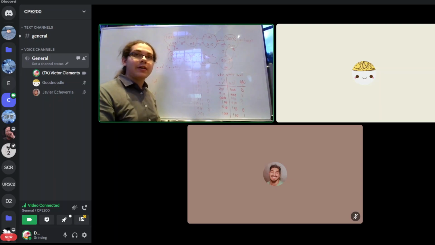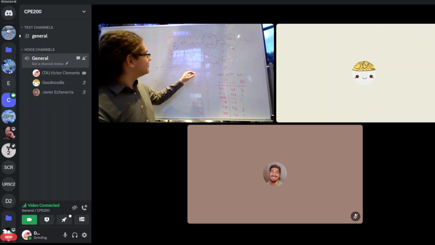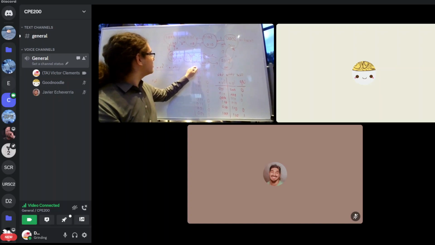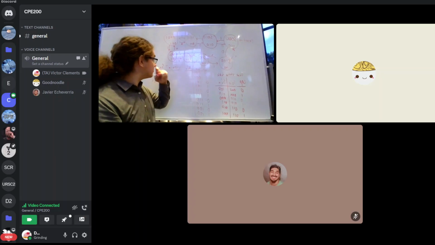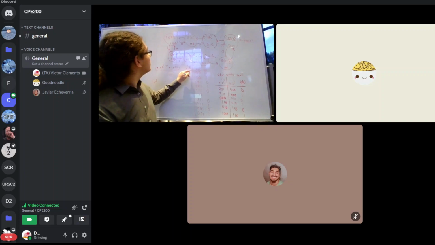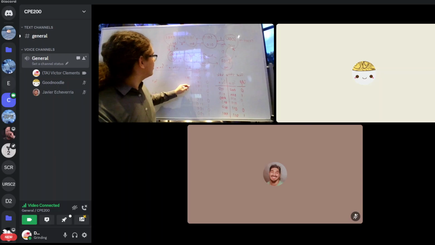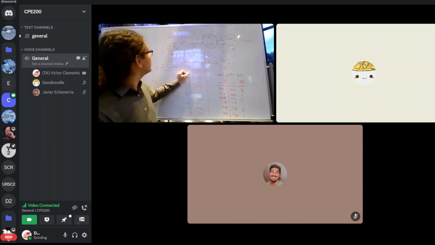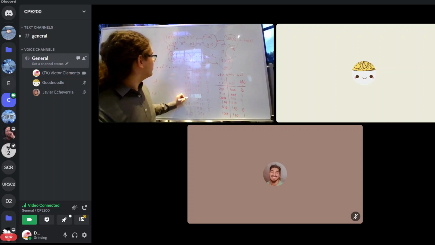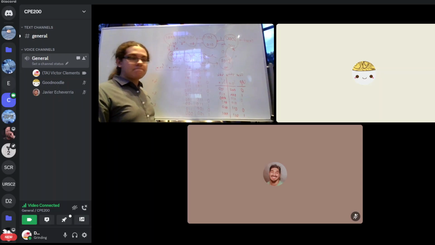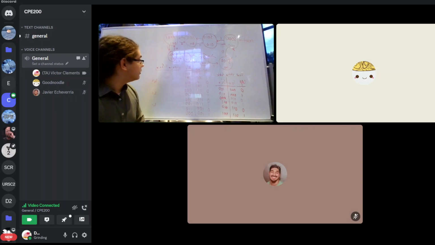So for reducing, absolutely try out a K-map. It will make it a little easier.